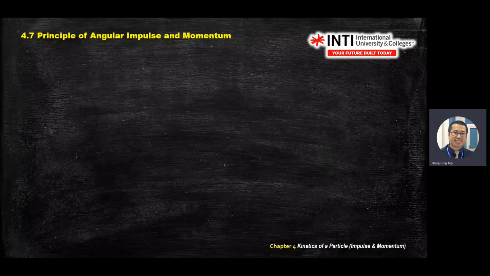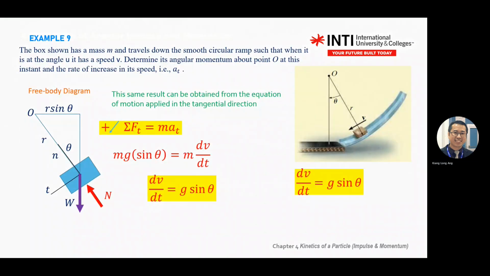Continue. Okay, so once we have the definition of angular momentum and moment, we will go into principle. Previously, we have a few principles, right? Just recall. Chapter 1 does not have any principle.